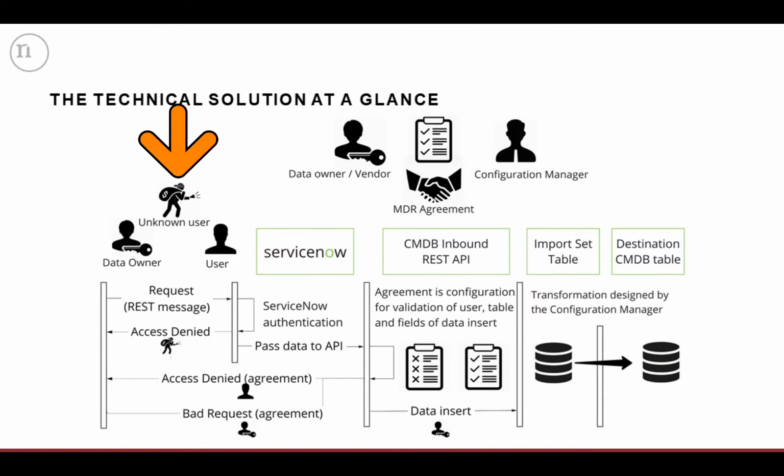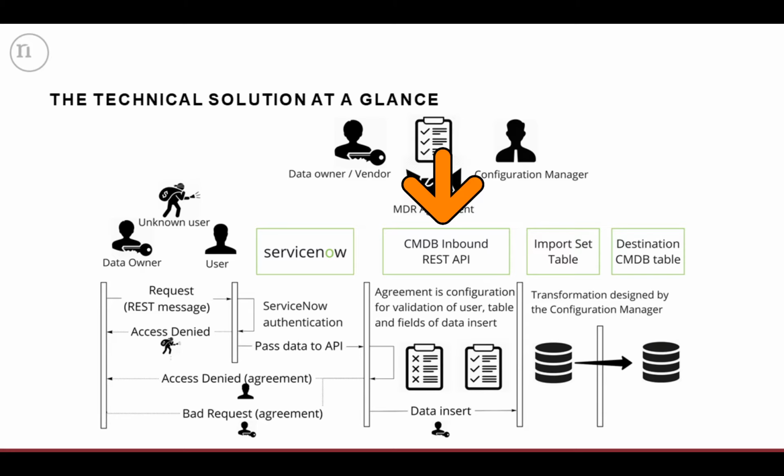Once we've set this up, the data owner will go through a REST API, providing reference to this agreement we've built. From there, ServiceNow will actually do the first authentication of the user, so we ensure that the user is who they claim to be. Once the user has been authenticated, we pass the information to the API we've built, from where it's evaluated that everything complies with the agreement we built.